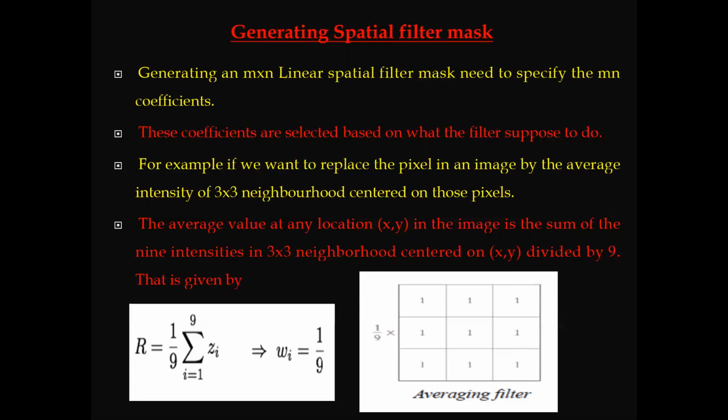Or we can say that each coefficient value is 1/9, 1/9, 1/9, and so on, because every time we are calculating the average. So how are we calculating the average? We multiply the coefficients with the pixel values, and then divide the resultant product by 9, because the size of the filter mask is 9 here.